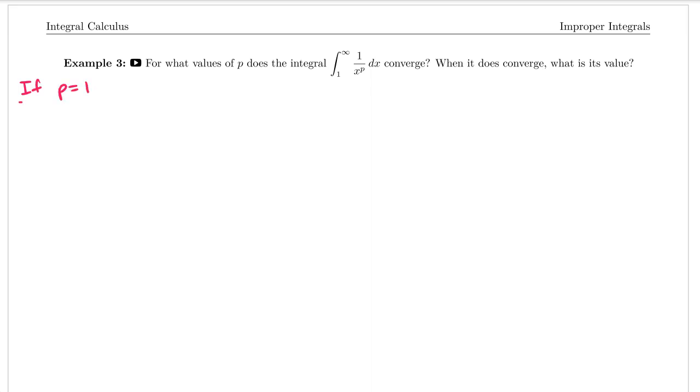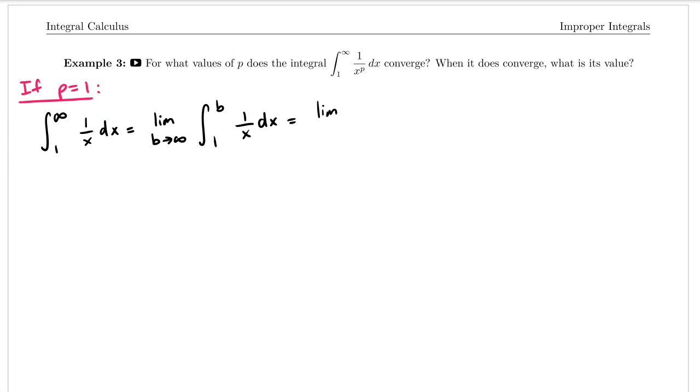What if p is equal to 1? Let's see what happens. Then we're going to have the integral from 1 to infinity of 1 over x dx, and that's going to equal the limit as b approaches infinity of the integral from 1 to b of 1 over x dx.